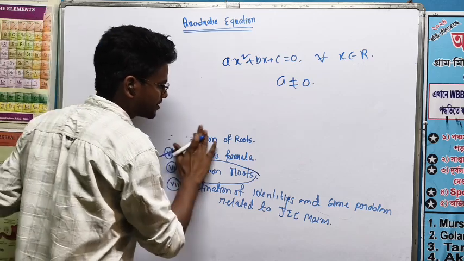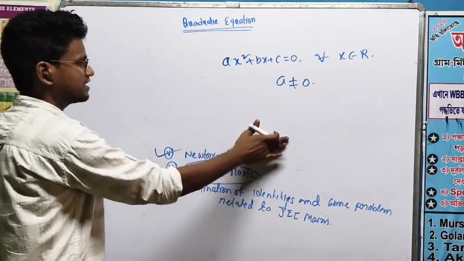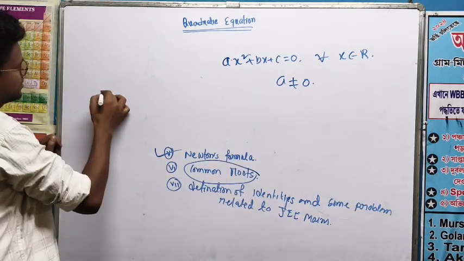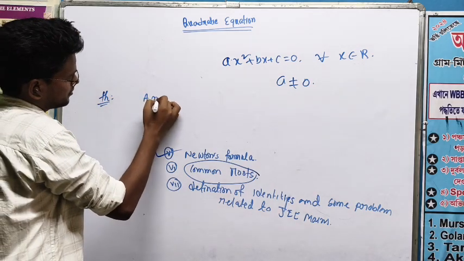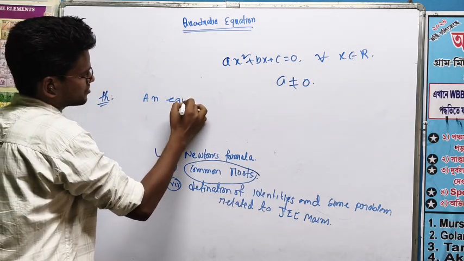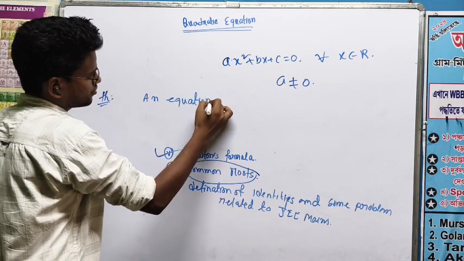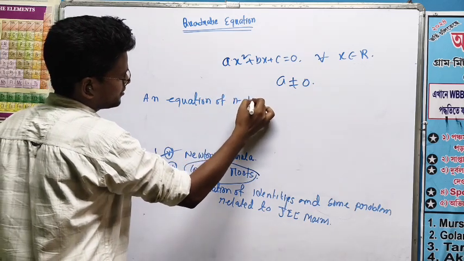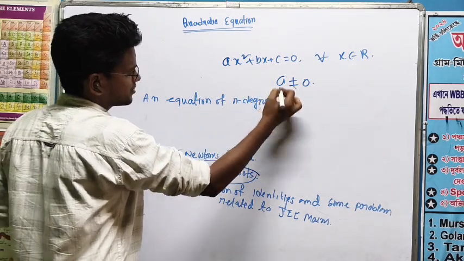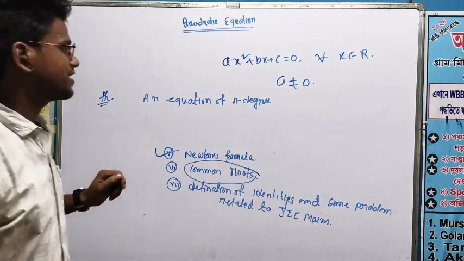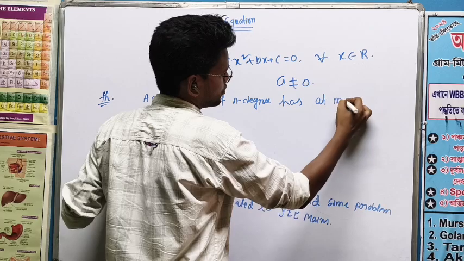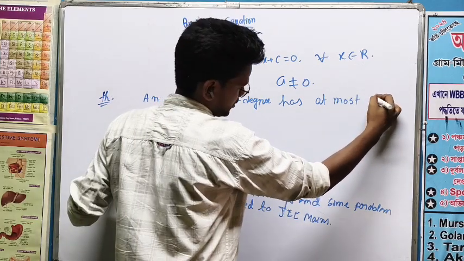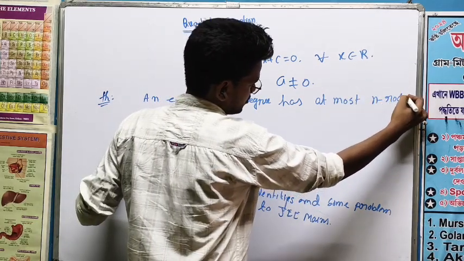By the fundamental theorem of algebra, what does the theorem say? The theorem says that an equation of n degree has at most n roots.